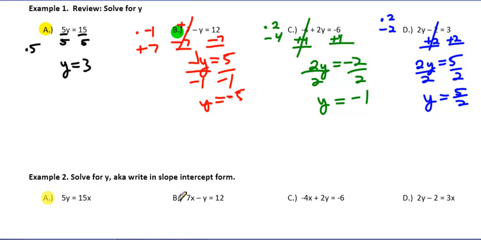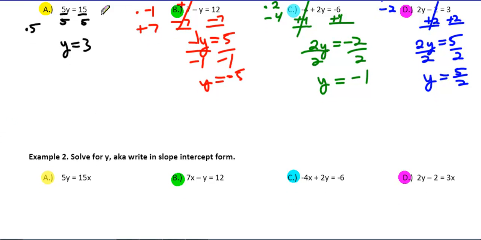B and B look very similar, and the same is true for C and C, and the last one as well, D and D. Okay, what's different is there's an extra piece to the equations down below. They get x's in here, whereas up above all they had were y's. All right, the process and idea will still be the same. So when I look at A, I'm going to try to leave this so you can see both still.